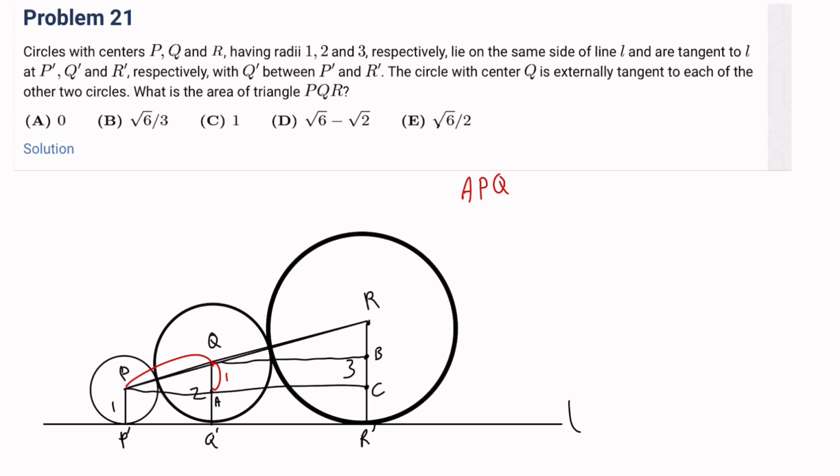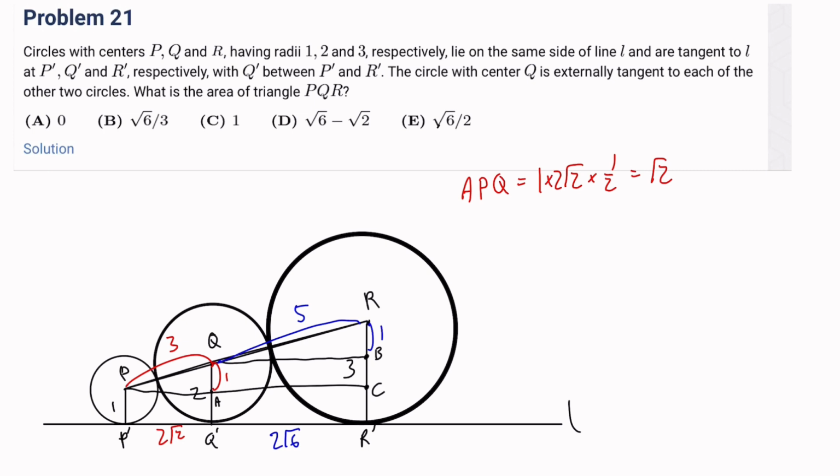All right, so this is 1 times 2 root 2 times 1/2, which is root 2. And we have RB and QR, right? So this is 1 and this is 2 and 3, so the hypotenuse is 5. And so also by the Pythagorean theorem, this is root 24, which is 2 root 6, right? So that's 2 root 6.